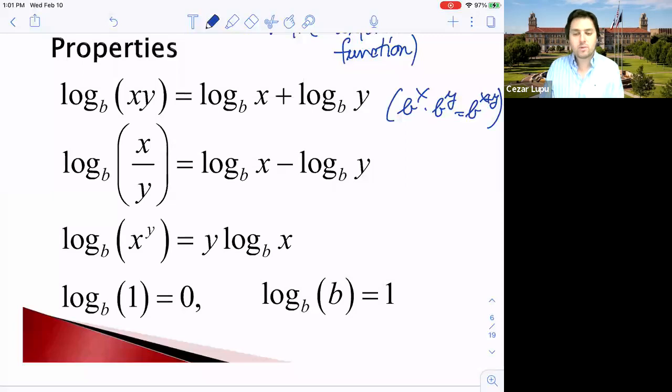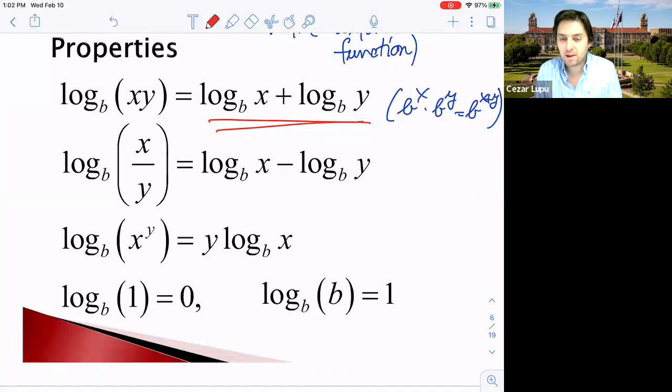But now, regarding the logarithm, it will be the other way around. It will take the sum, when you add two logarithms, log in base b of x plus log in base b of y, and it will transform it into a product. So it will be log in base b of x times y.